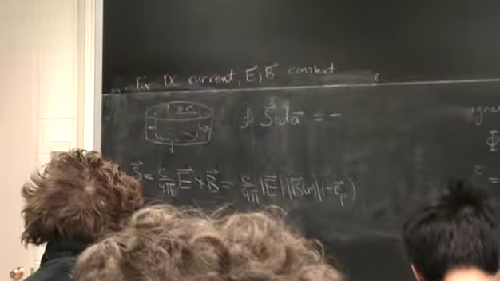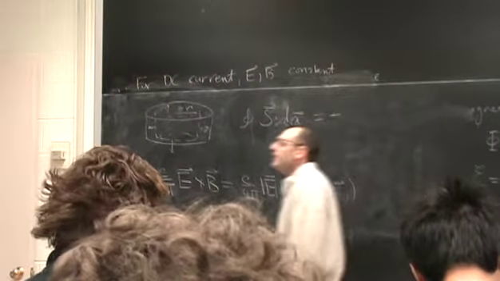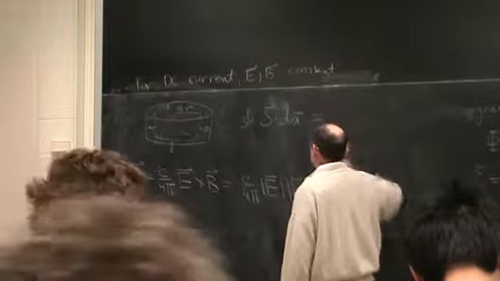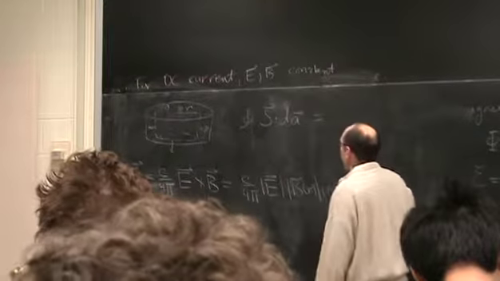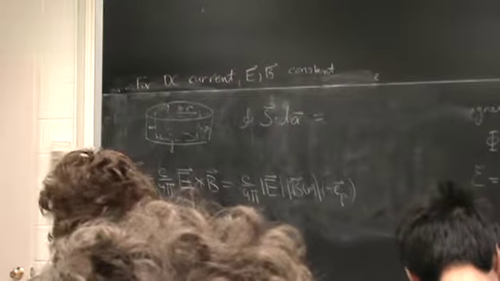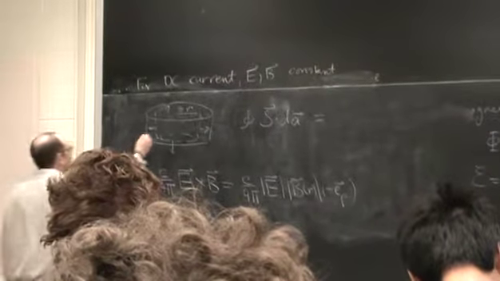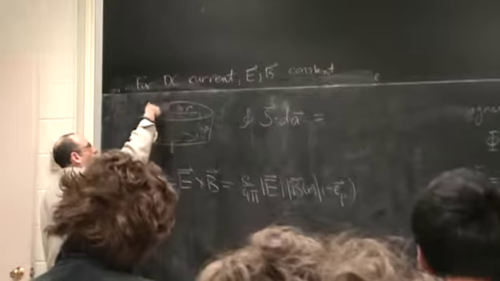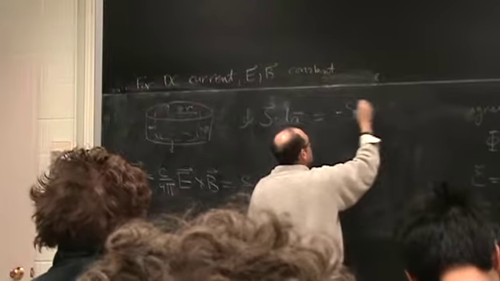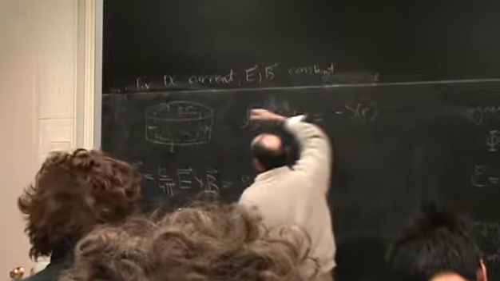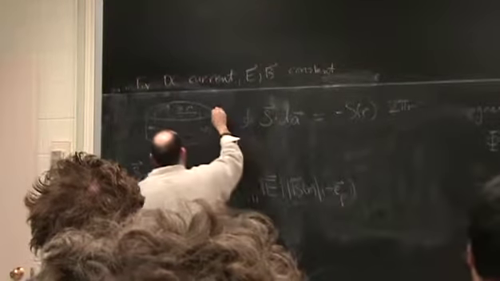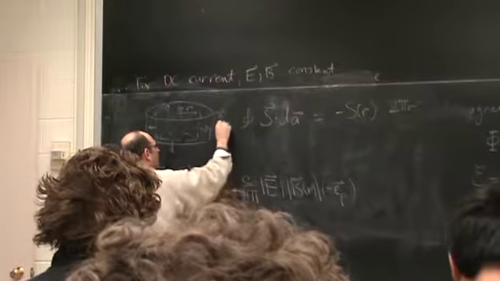The electric field is constant inside because it's proportional to J, and J is constant inside the resistor. So what we have then is what? The flux integral is going to be equal to S going into this volume, which is S only on the sides, and this is S at r, times the area of the label, which is the perimeter of the label, times the height of this resistor.